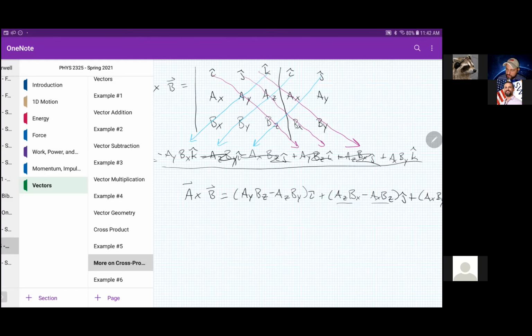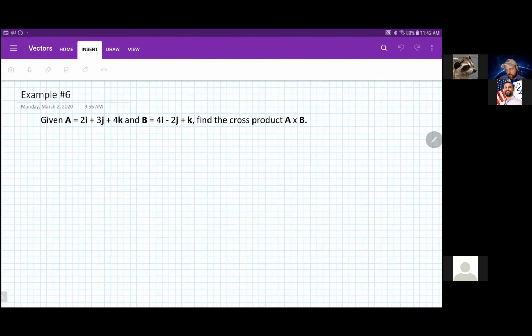All right, so here's an example of the cross product. We're given that A is 2I plus 3J plus 4K and B is 4I minus 2J plus K. Find the cross product A cross B. I'm going to do exactly what I did earlier.